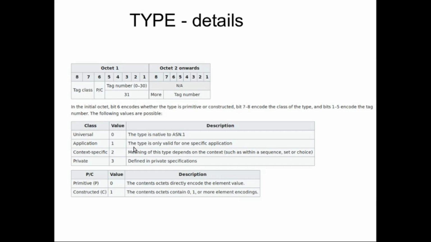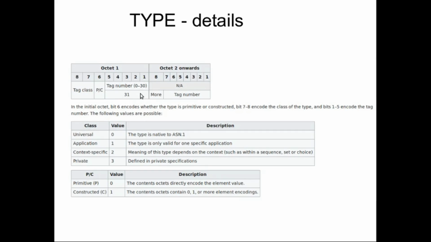Now in the type, if you go into more detail, sometimes your number could be very big. In the initial octet, we have the tag class, like universal, application, context specific, or private, and then primitive or constructed. These initial 3 bits are used for that, and then we have the tag number.